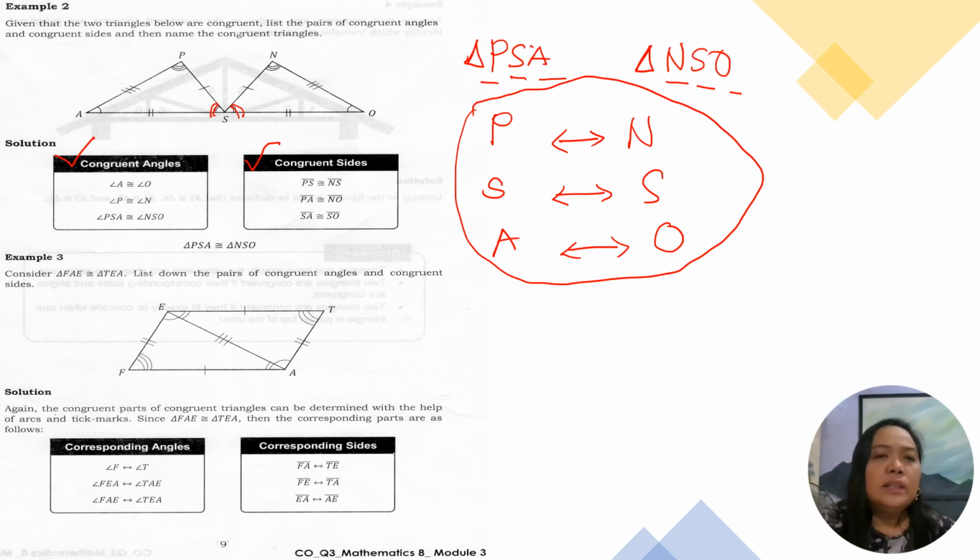Okay, so these are the three corresponding congruent angles of triangle PSA and triangle NSO.